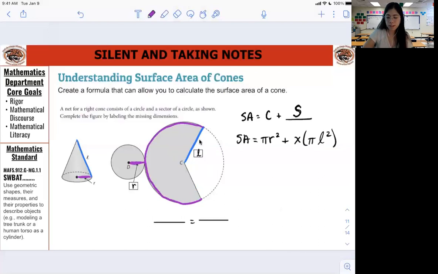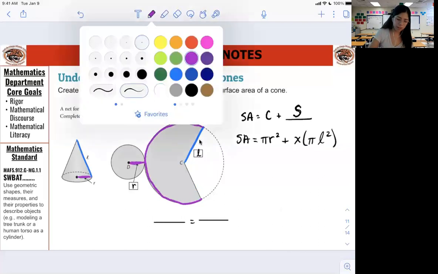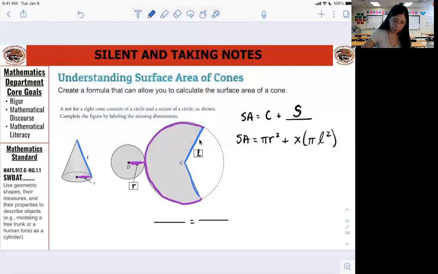Let me, I only have 1 minute. Okay. If I bring these two blue sides together and I shut them, what is going to happen to this purple part? Actually, let me make it orange.